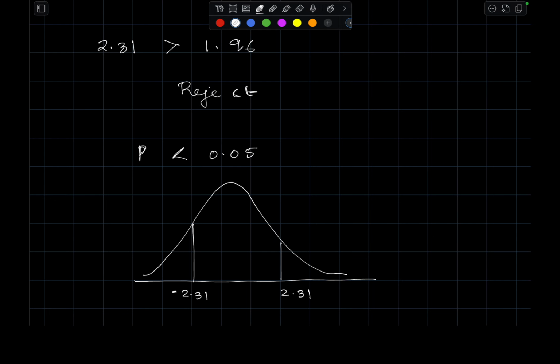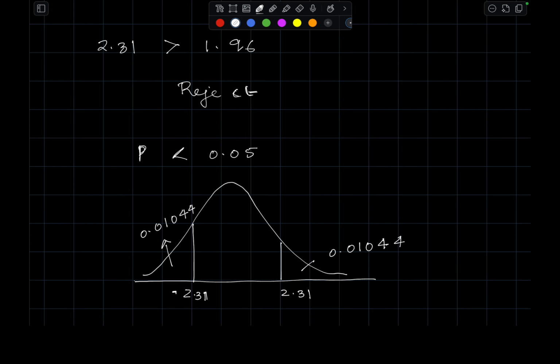And here, the value in the Z table comes as 0.01044. So this is the area corresponding to minus or plus 2.31 for a two-tailed test. And similarly, since we have this value on one side, we will have a similar area on the right side as well.